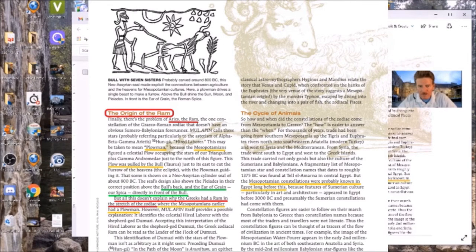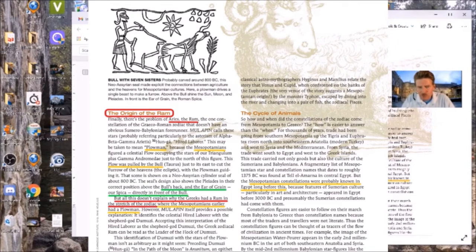So there's a bull, and later became a bull. Notice how I highlighted in green here, the ear of grain, Spica, directly in front of the bull. Here showing the springtime and the barley and the harvests of that time period.